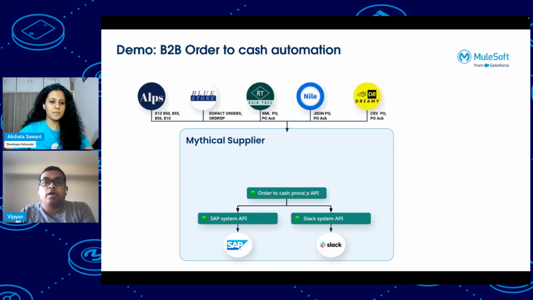And they do have a wide variety of customers across different geographies that send orders in different formats. Some of them send the order information in Excel, some send in Edifact, some send XMLs and JSON and CSVs.